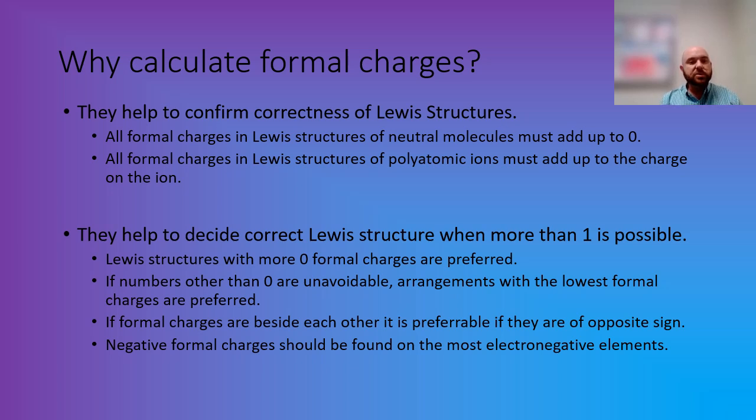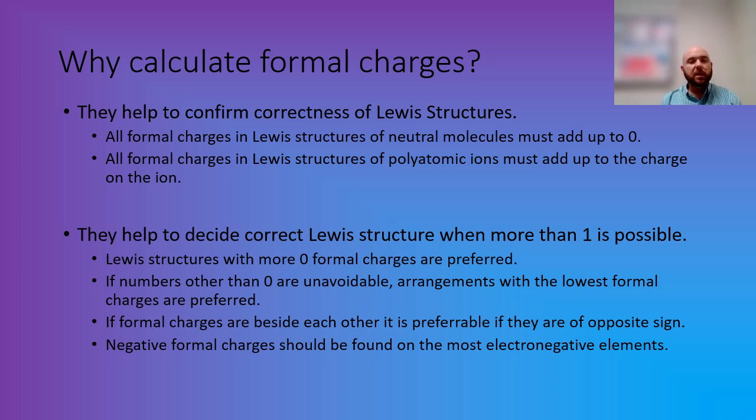If we draw a Lewis structure and then calculate the formal charges on a neutral molecule, we would find that in a correct Lewis structure, the formal charges must add up to 0. Again, that is for a neutral molecule.